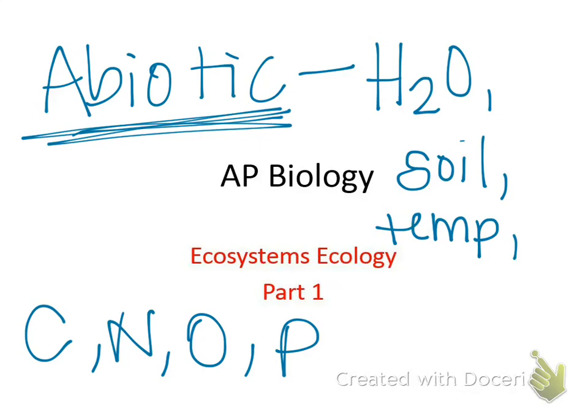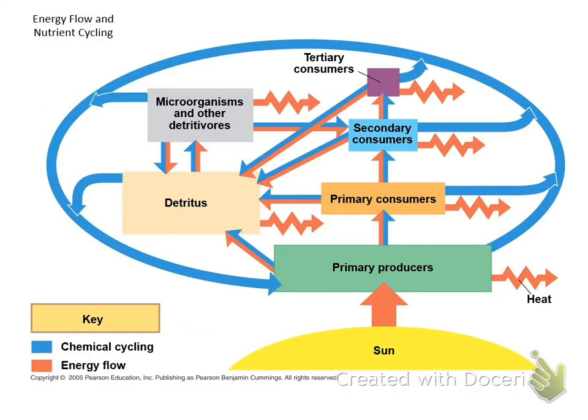And just to hit the highlights here, when you see this picture right here, check out the red first. The red lines. What are the red lines representing? Energy, right? And tell me what you see in the energy. The zigzag lines.